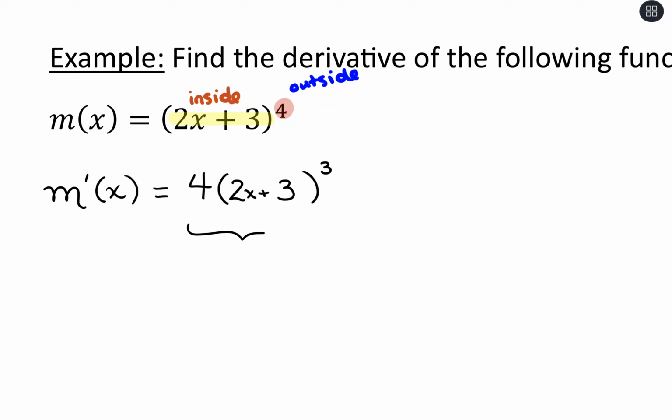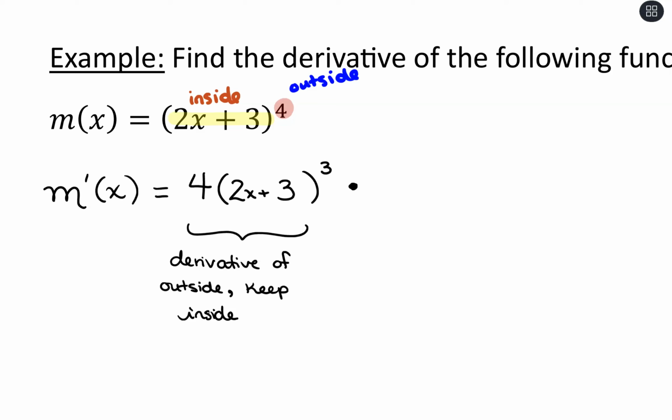So this right here, I'm going to write this out in words. Derivative of outside, keep inside. We keep the inside function the same. And then we're going to multiply with, and what we're going to have here is derivative of the inside function.